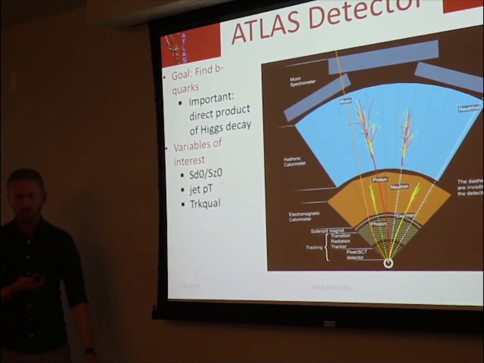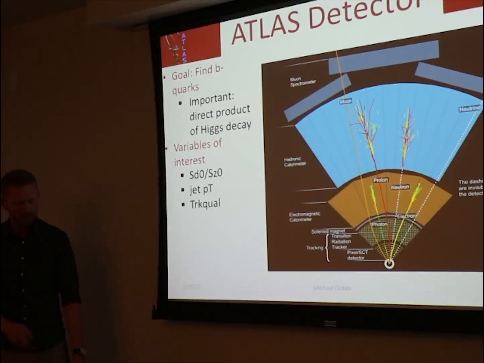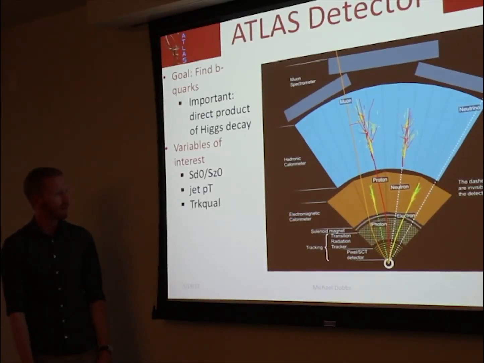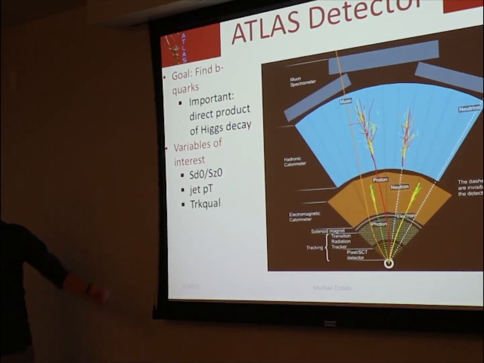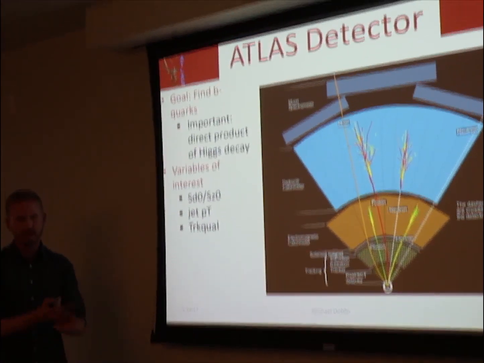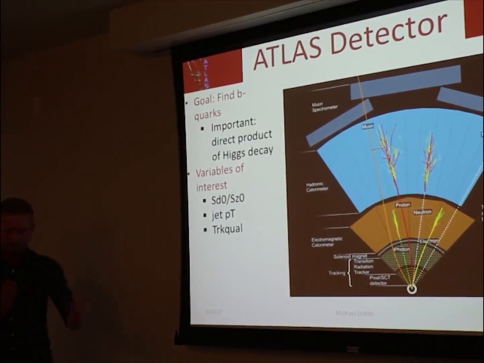So what I was doing was working on a computer algorithm that was previously made before I came, but I was improving it. The goal of that algorithm is to find B quarks. It's a certain quark that was on that list a second ago. And those are very important because they're a direct product of the Higgs decay, and the Higgs boson is a very important particle that's on the brink of physics right now.